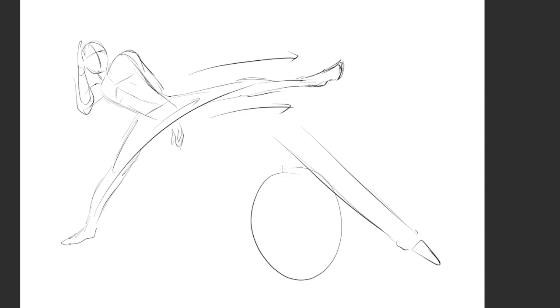You want a character to be placed here, but you don't really know what pose they will be doing. Maybe they're dodging or something. So you can use maybe this one, just a line to show that it's dodging this missile, and then you can draw your pose from there, kind of like this.